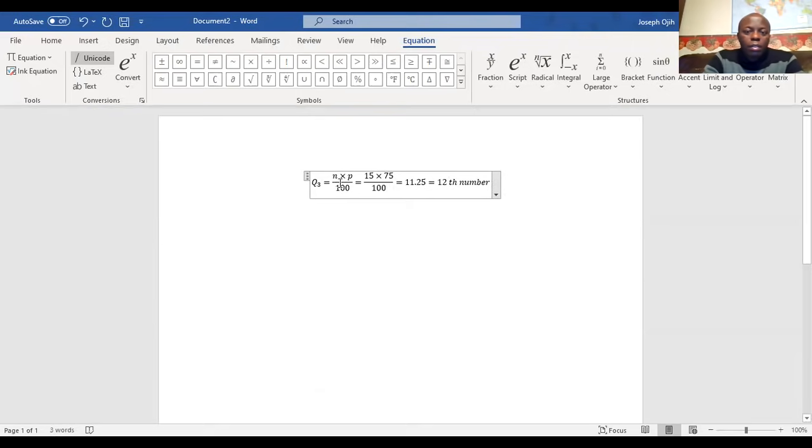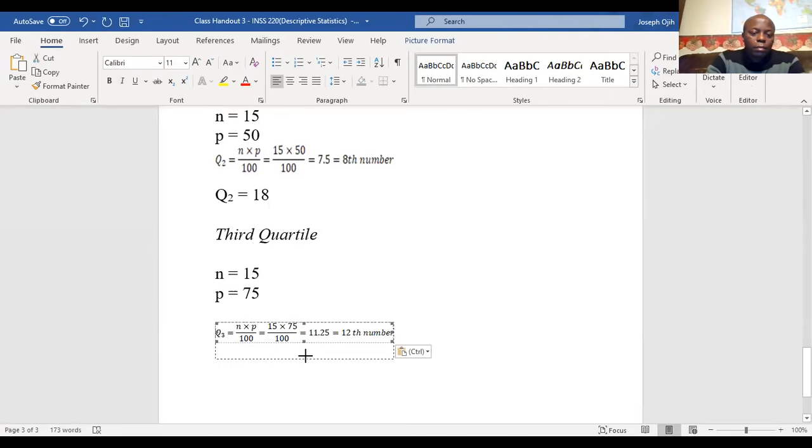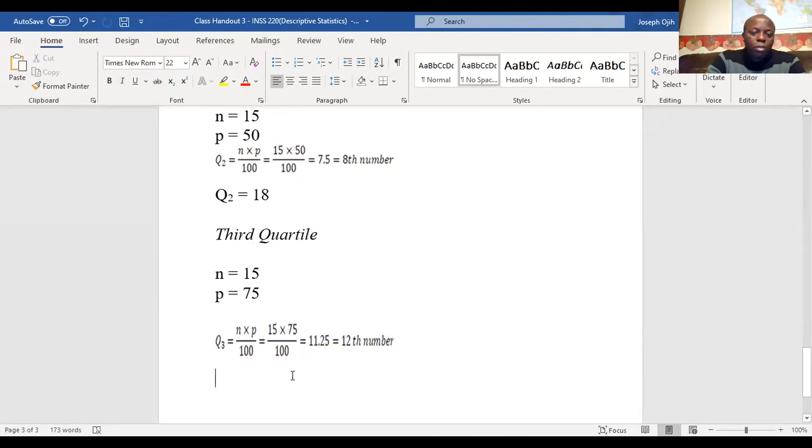So I'm going to copy this and then put it right here in our main workbook. Make it bigger. So the top quartile, Q3, equals the 12th number.